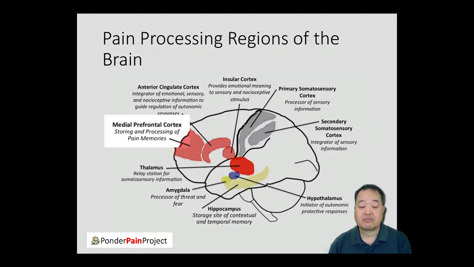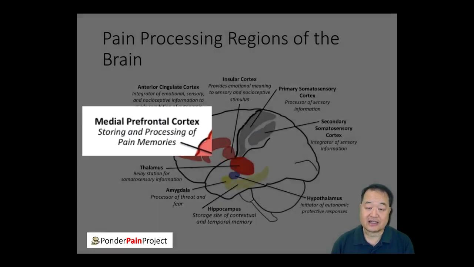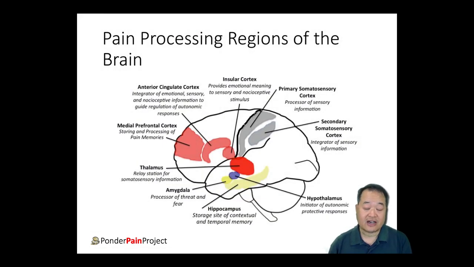And then we get the medial prefrontal cortex, which stores and processes pain memories. So it takes memories that we've experienced in the past, and it allows us to modify any signals that are coming in now. But it's important to realize that all these structures have multiple functions. Not only do they process emotions, but all of them are very, very critical in the formation and storage of memories. And that's a key component when we start to talk about the difference between acute pain and chronic pain.